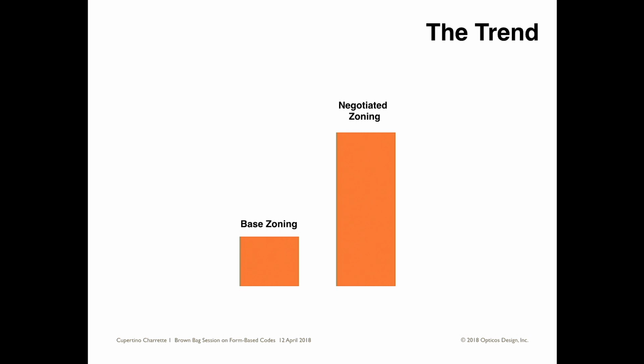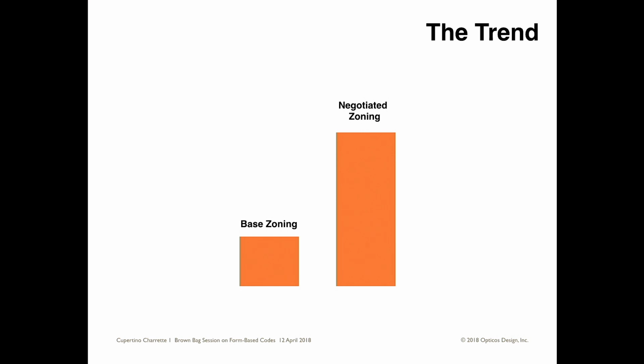Just to show you nationally in our work, the trend between cities and developers and communities relying on the base zoning, R1, R2, C1, C2, all those kinds of base zones that exist on a zoning map, versus instead choosing negotiated zoning, is huge.